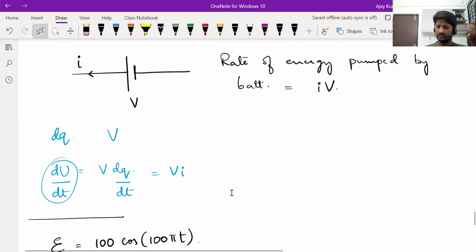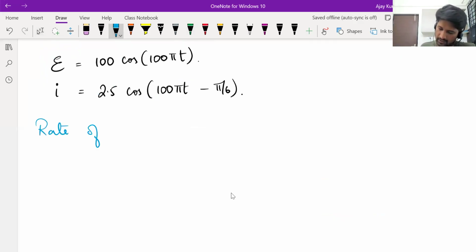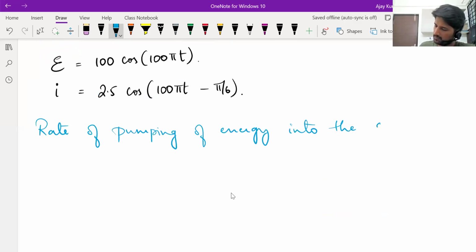So the rate at which the source delivers power, the rate of pumping of energy into the circuit, will be the voltage multiplied with the current.